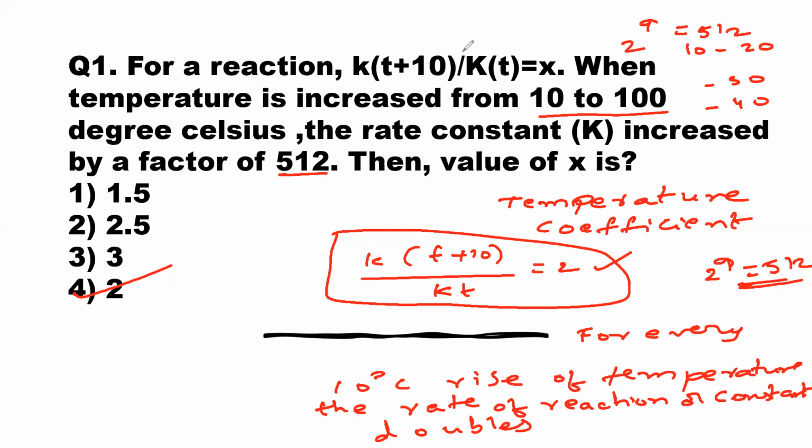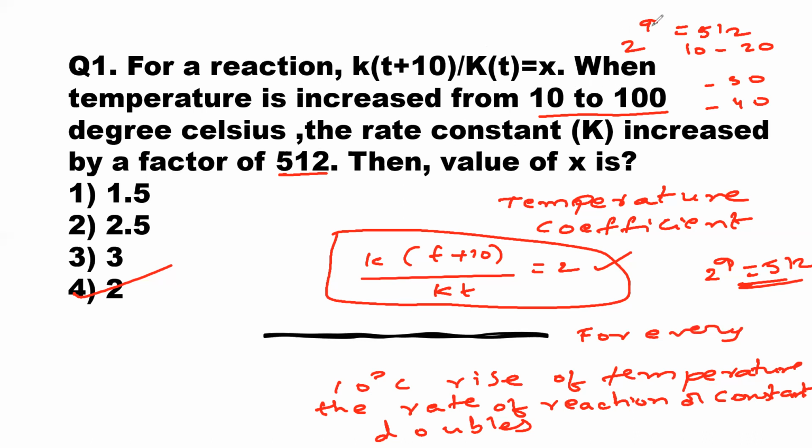So this is based on temperature coefficient. Always we have to check how many degrees Celsius it is increased. From 10 degrees C to 100 degrees C, or 10 kelvins to 100 kelvins. Anyway, degrees C and Kelvin temperature both are equal; just the values are different, but the rise is same. From 10 to 100 it is almost coming 9 times.